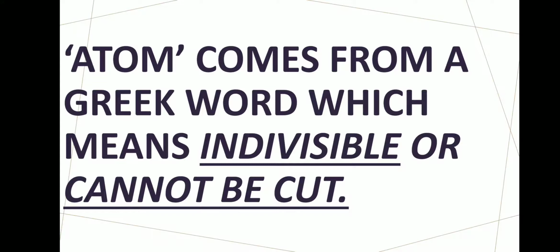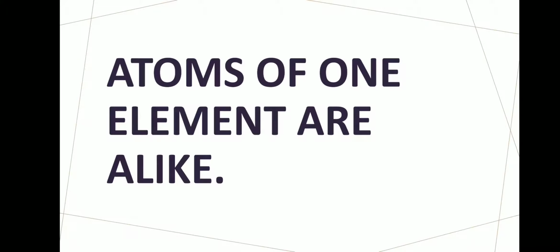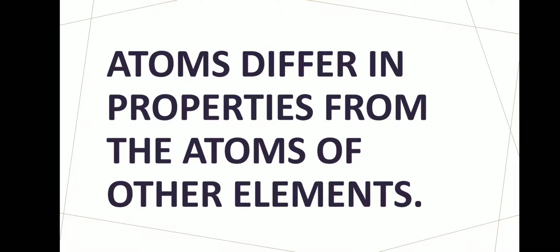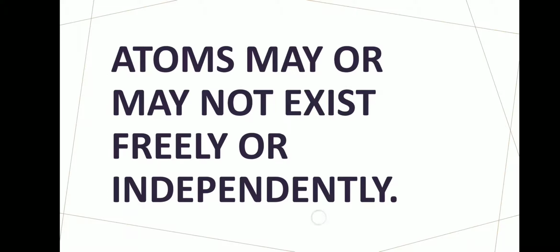Atom comes from a Greek word which means individual, indivisible, or cannot be cut. So, atom is the smallest particle which cannot be cut further. Atoms of one element are all alike, but atoms differ in properties from the atoms of other elements.